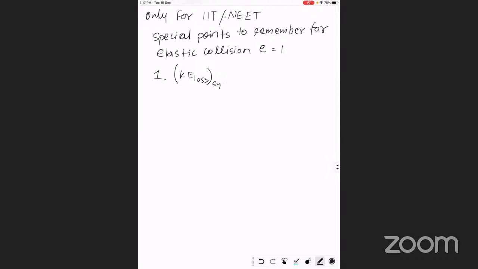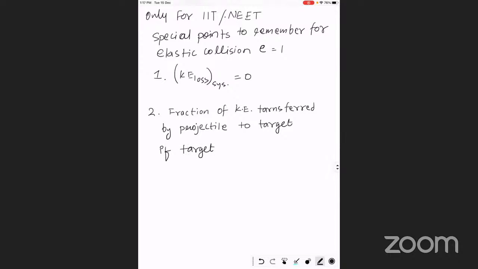The loss in kinetic energy of the system is zero, but the fraction of kinetic energy transferred by projectile to target, if the target is at rest, u2 is 0.